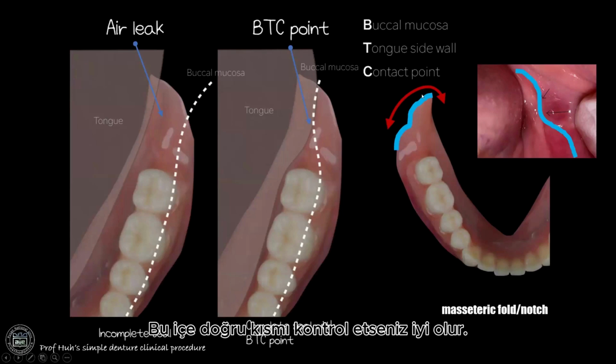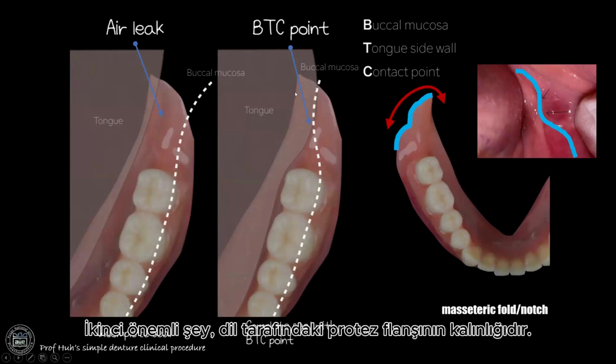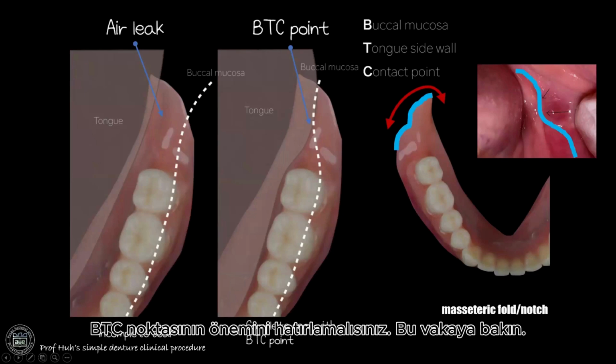So you have to check this concave part. And the second important thing is the thickness of the lingual denture fringe. So anyway, you have to remember the importance of the BTC point, okay?